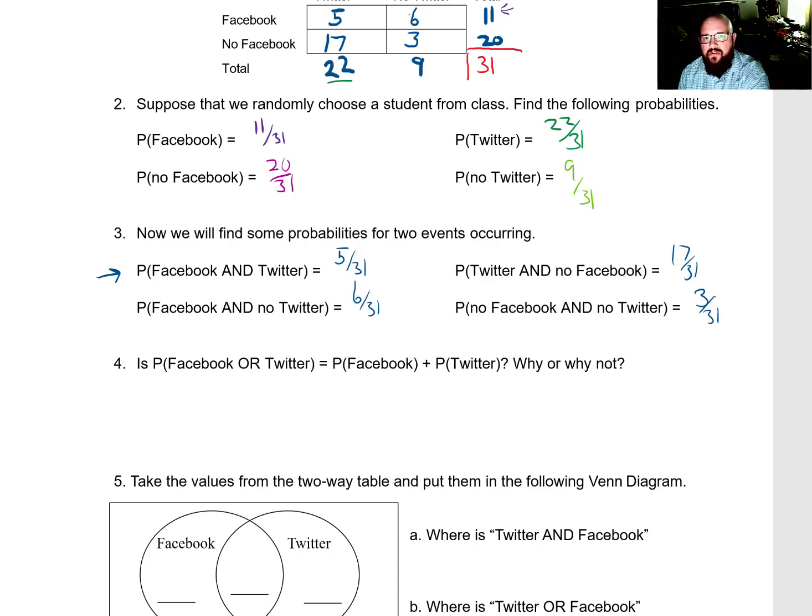So in the equation that you should have had up there in the big ideas, it should show that if we have the probability of doing Facebook or Twitter, we should have to take the probability of getting Facebook plus the probability of Twitter, and then subtract, because we'll show you in a second, the actual probability of Facebook and Twitter.